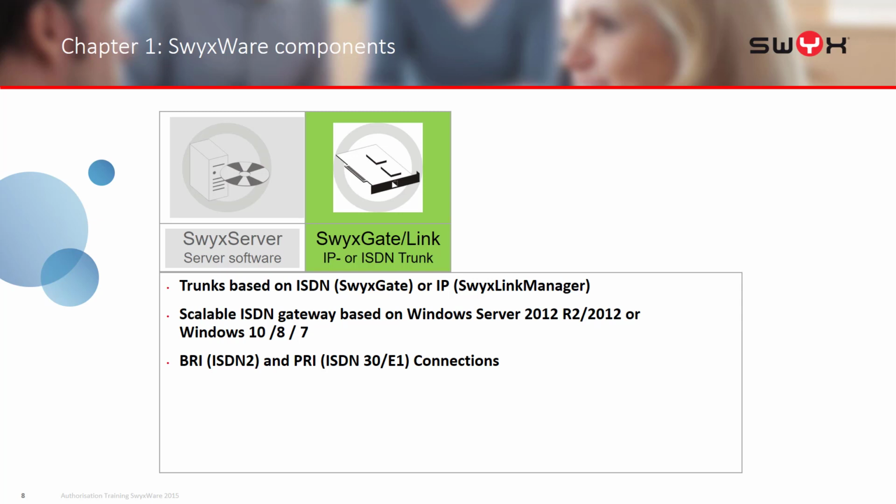This is European ISDN. We don't support the North American flavor. Our ISDN cards will also work in both TE and NT mode, that is terminal equipment and network termination. Easier explained with this short video.